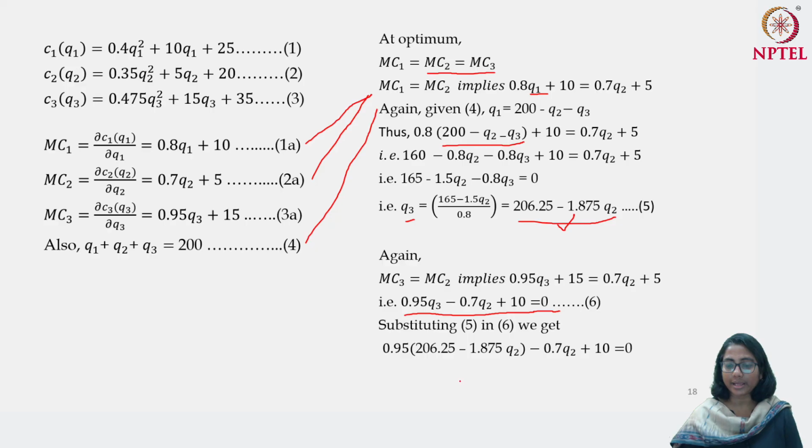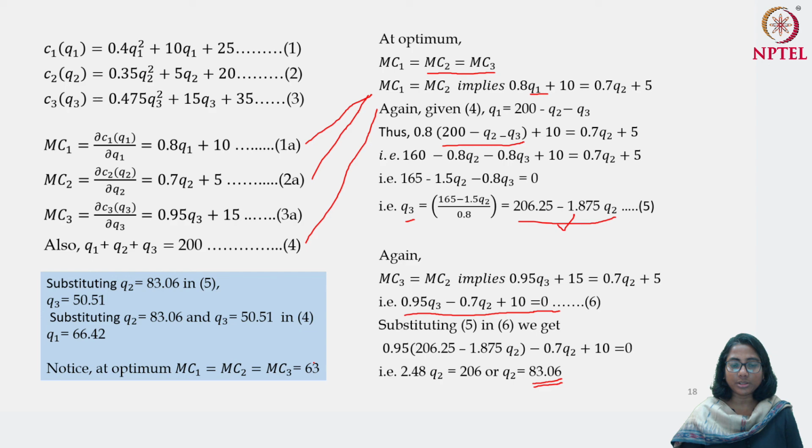So what I get is 0.95 times (206.25 minus 1.875 Q2) minus 0.7 Q2 plus 10 equal to 0. Solving this, I get Q2, the total production by the second plant, is equal to 83.06.